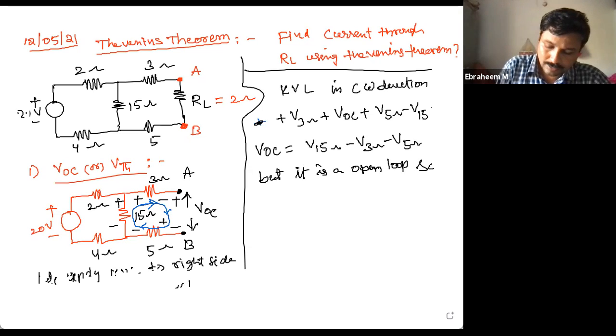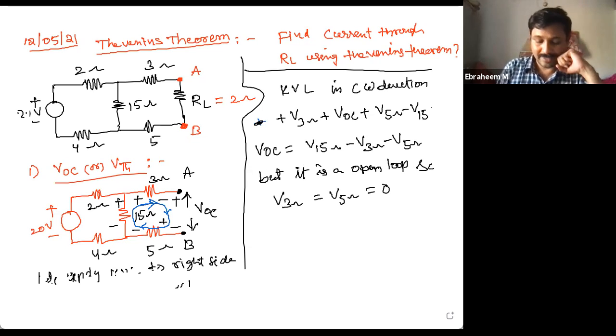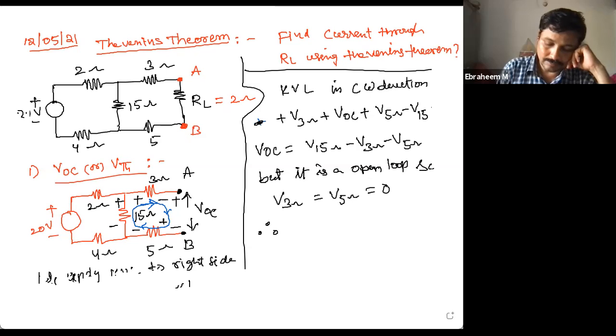So V3 ohms is equal to V5 ohms is equal to 0. Therefore, what happens? VOC becomes equal to V15 ohms, right? So V15 ohms is how much?